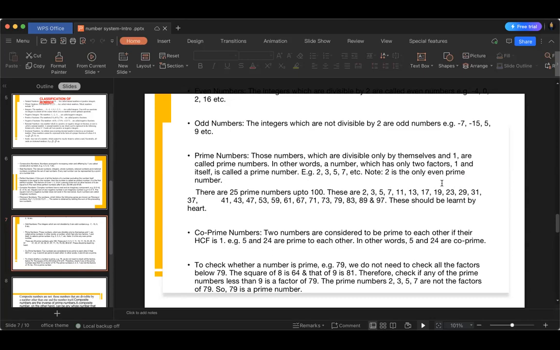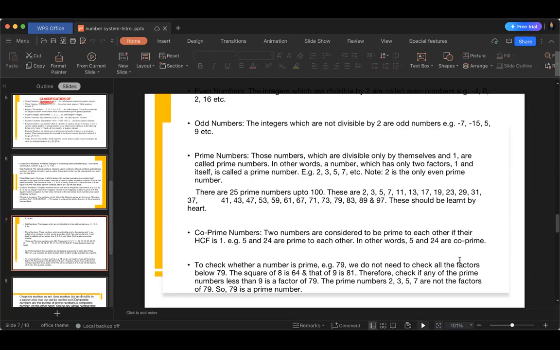Co-prime numbers: two numbers are considered co-prime if their highest common factor is 1. If the GCD or HCF is 1, those numbers are known as co-prime numbers. For example, 5 and 24.